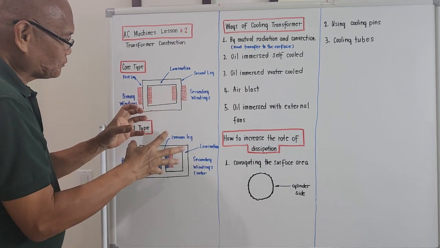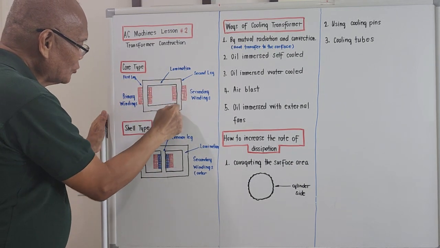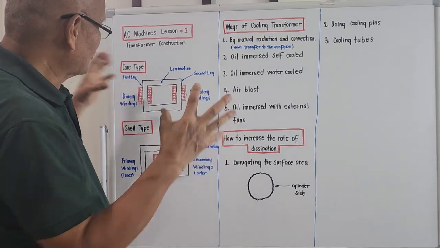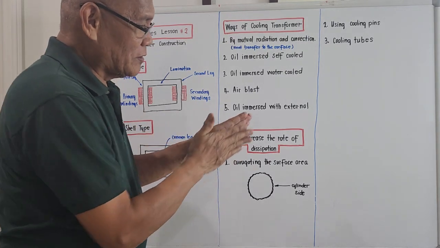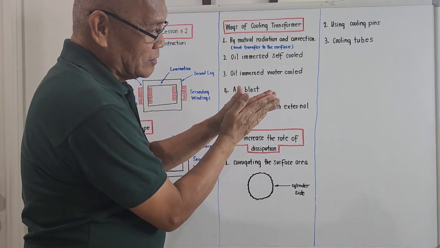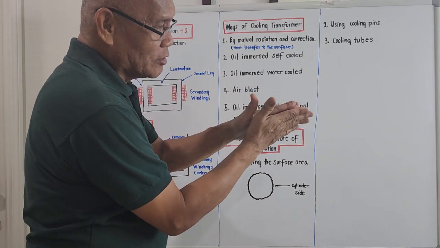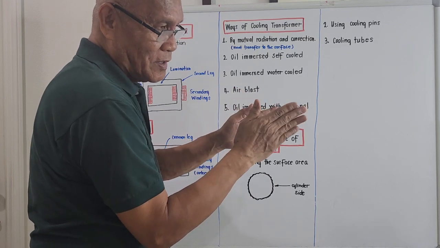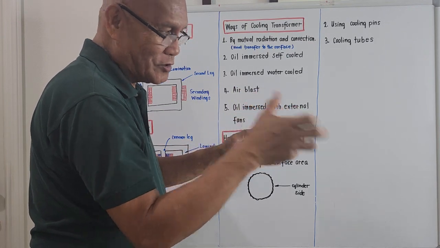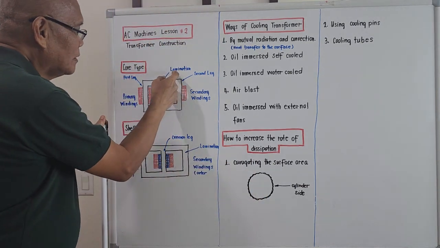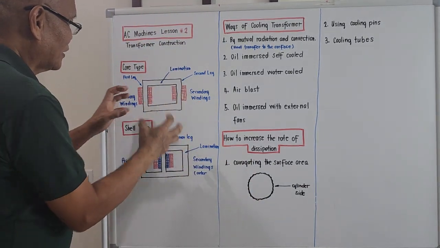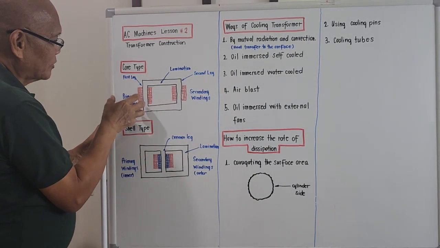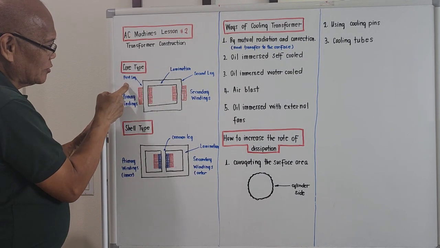For a core type, this is the lamination, which is made of steel plates. We are just on the front view. The steel plates are assembled like that, in sequence. It could be more than 50, maybe 20, it depends. But they are made of steel plates, and we call it lamination. For the core type, we call this portion here the secondary leg, and this portion here the first leg.